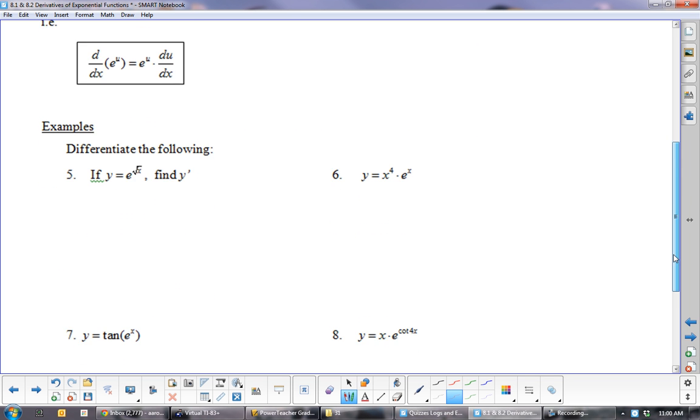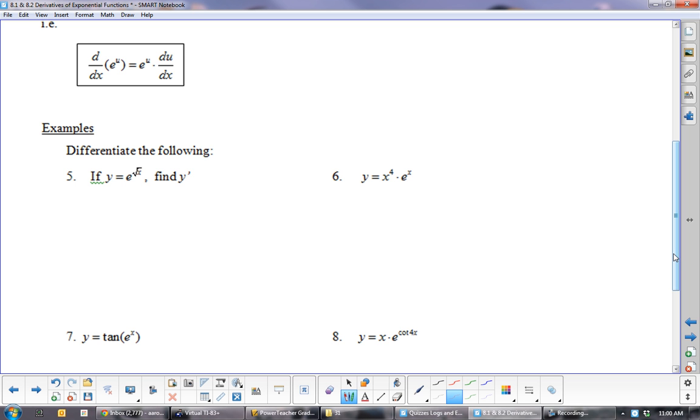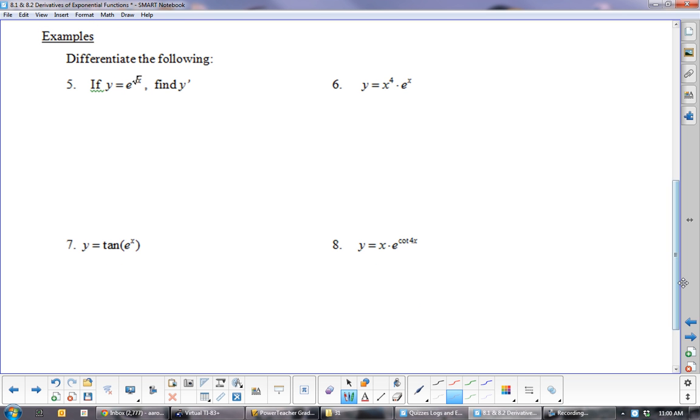Just one thing to further add though, the derivative of e to the u is e to the u du over dx. That's if the exponent is not an x, it's a 3x or whatever, you've got to do the chain rule. So we're just going to spend the rest of today doing examples. There's 8 on here, but then I have 3 more that are going to help you with your homework.